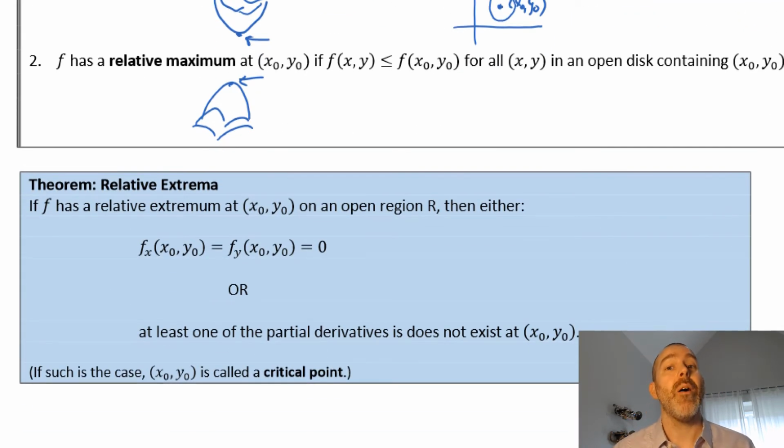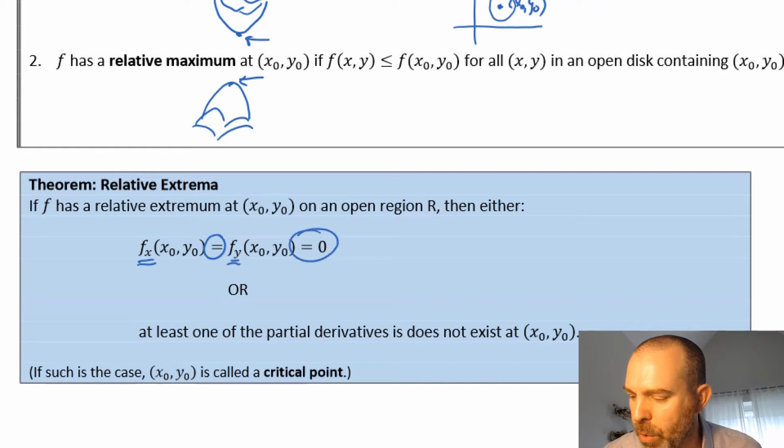All right, so now the theorem about how to find them. The key here is that if f has a relative extremum at a particular point, then either, notice, the partial derivative with respect to x equals the partial derivative with respect to y, and they are both equal to 0. So that's an and. Both partial derivatives are 0, or at least one of them doesn't exist.